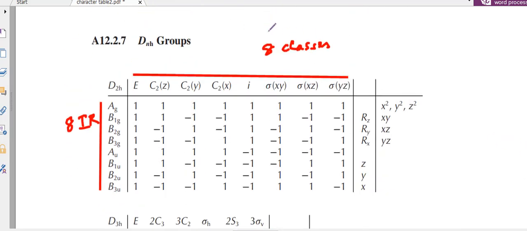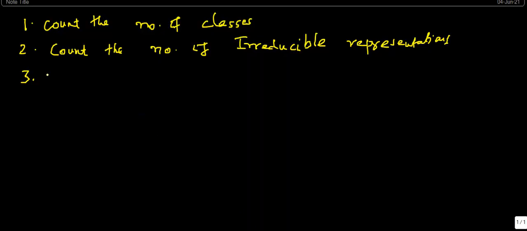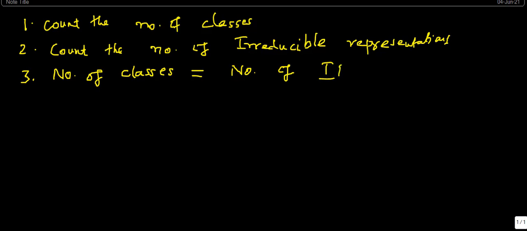And here you have 8 classes and 8 irreducible representations. In essence, the number of classes should be equal to the number of irreducible representations. This is the next finding about the character table: the number of classes is equal to the number of irreducible representations.